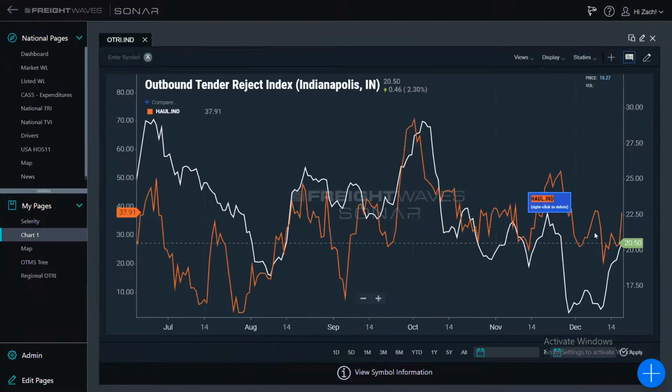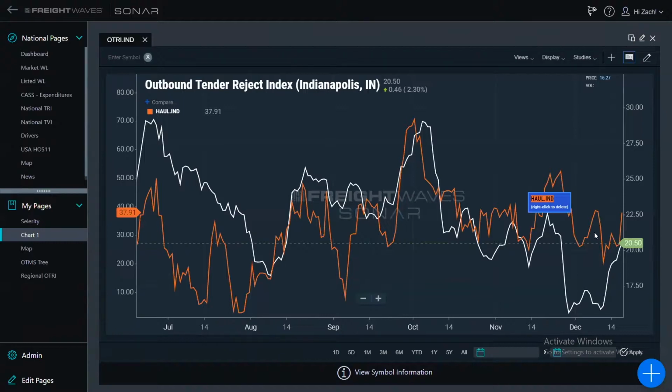The reason I like this one is because it draws a nicer correlation as to how the difference in capacity from outbound to inbound load volume and that change and how tender rejections are affected, and shows different pressures put on markets.